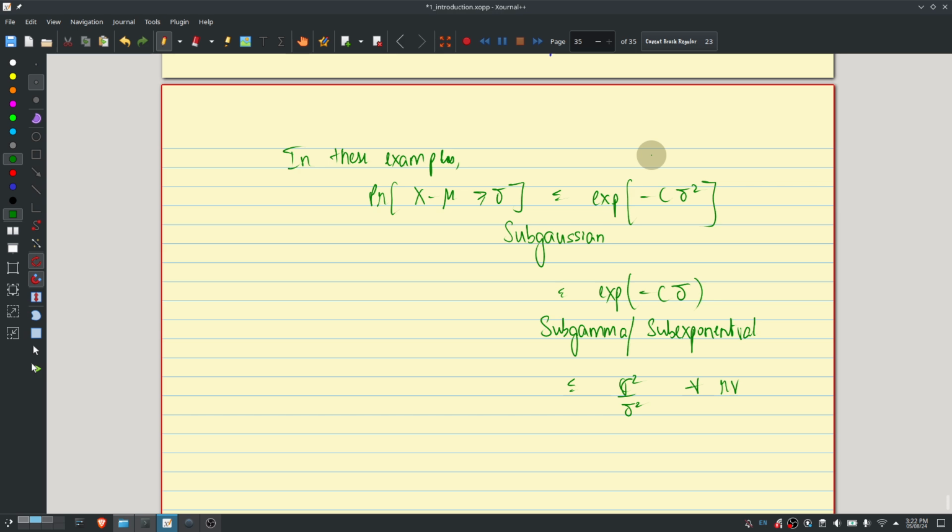Okay, so before we move on and explore these different classes of random variables, let's see some applications based on what we've seen already. All right, so let's first see an example of random graphs.